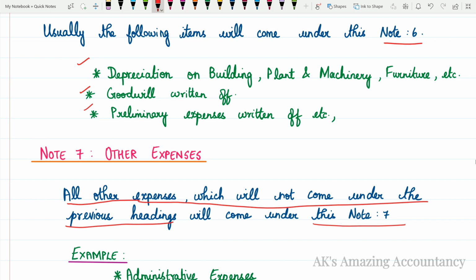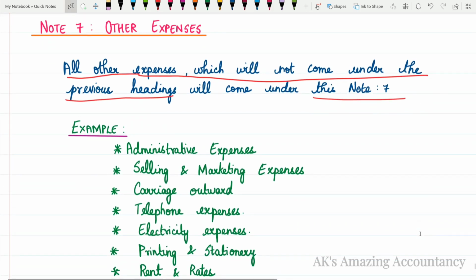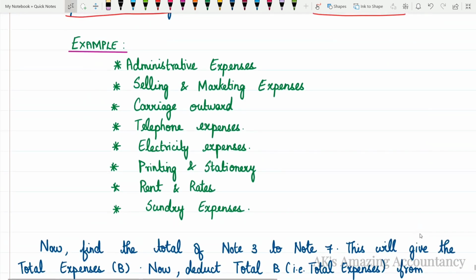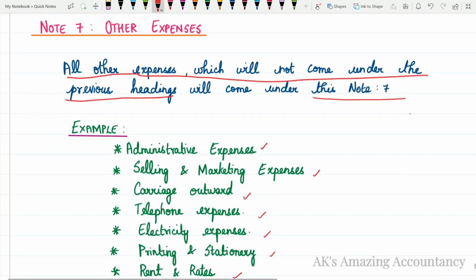note 7, other expenses. So let me give you a few examples of the items which will come under the heading other expenses. So you will have expenses like administrative expenses, selling and marketing expenses, carriage outward, telephone expenses, electricity expenses, printing and stationery, rent and rates, sundry expenses, etc. under the heading Other Expenses, which will be regarded as Note 7.